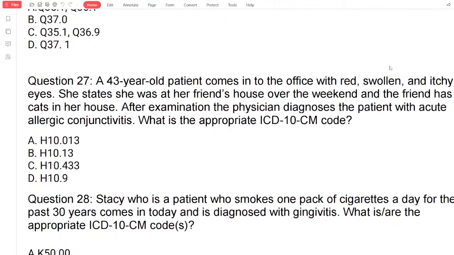Check the code there. Okay, guys. Akash, what about the second code H10.13?